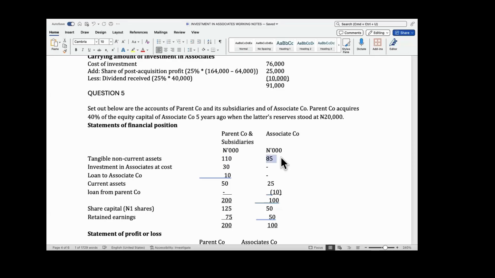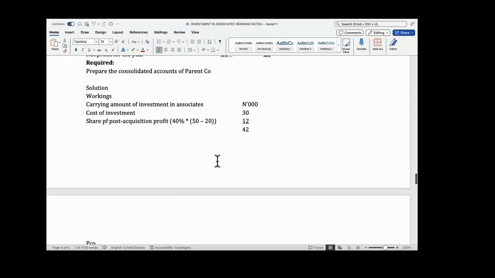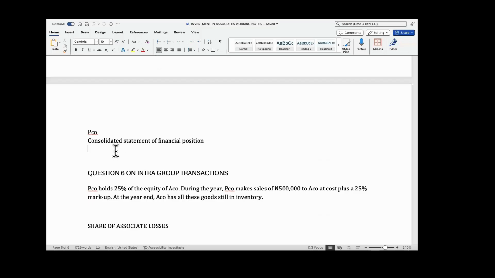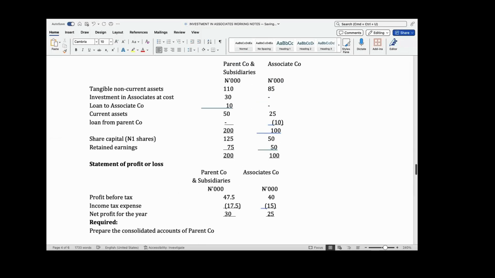You do not consolidate this 85. You don't consolidate this 85 because you're using the equity method. So only this 110 will come in. So this is 110.